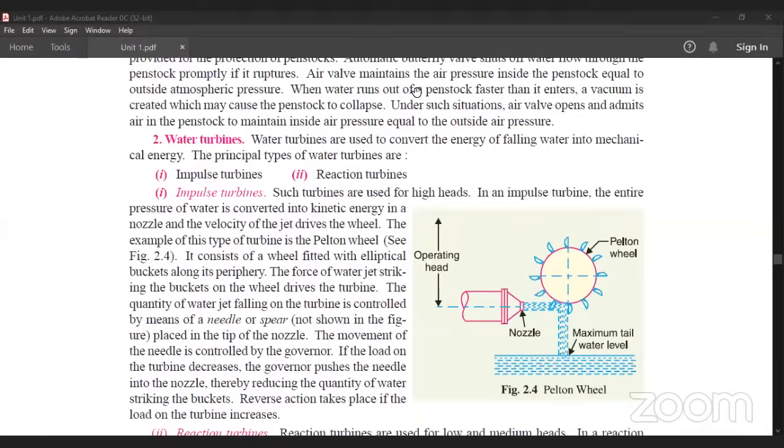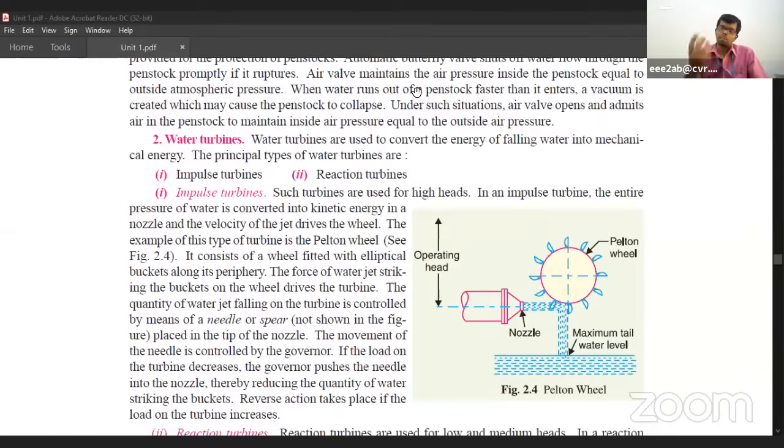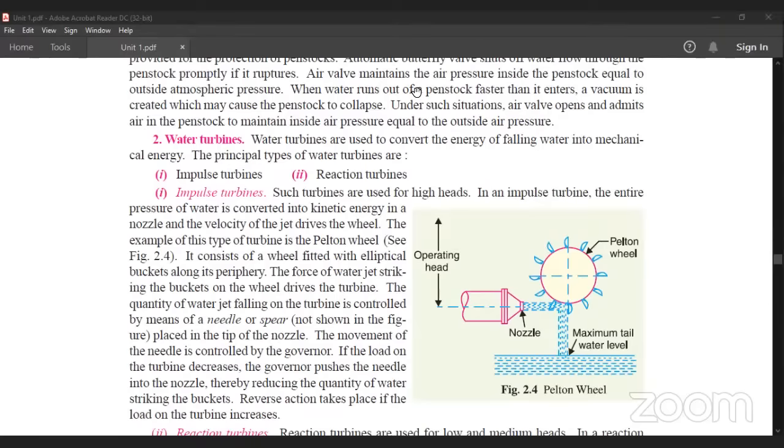Similarly here also. Imagine the same turbine you are using in your wash basins. Imagine this nozzle is like your water tap. If you open a water tap, how much pressure comes out.